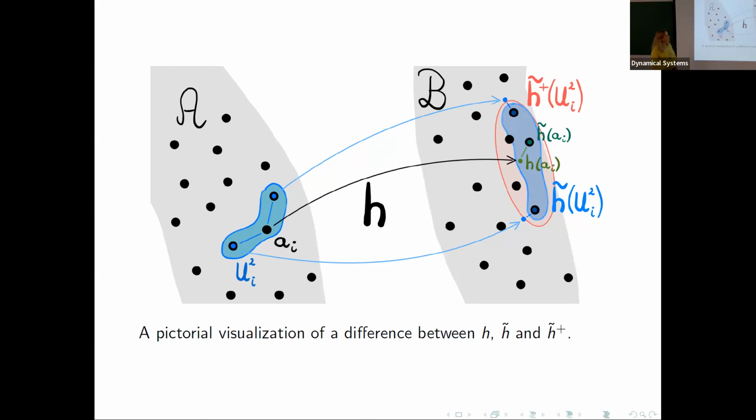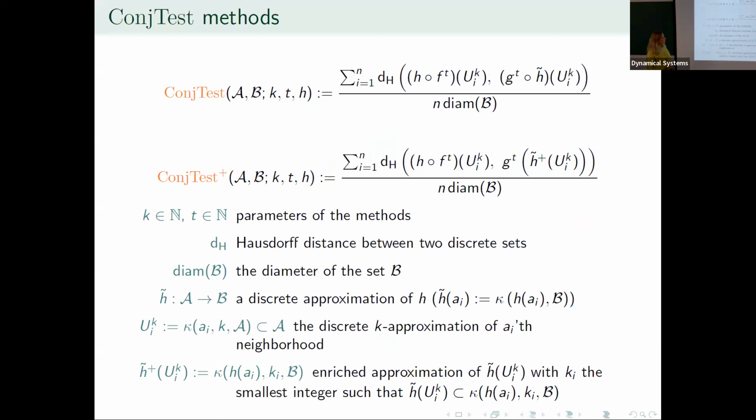So let's say it's reasonable to also include these points in this point cloud, and in this way we have a larger neighborhood which we call H tilde plus. If we substitute it here instead of this simple set, everything else is the same, and we have the conjugacy test plus.